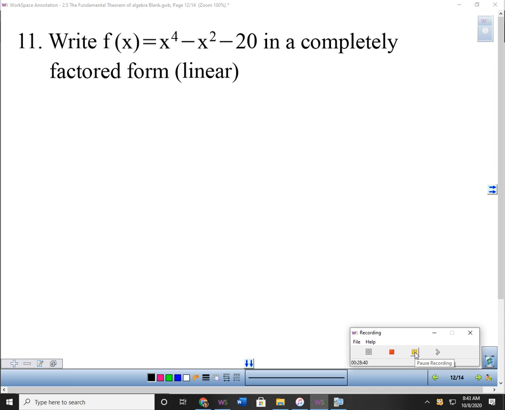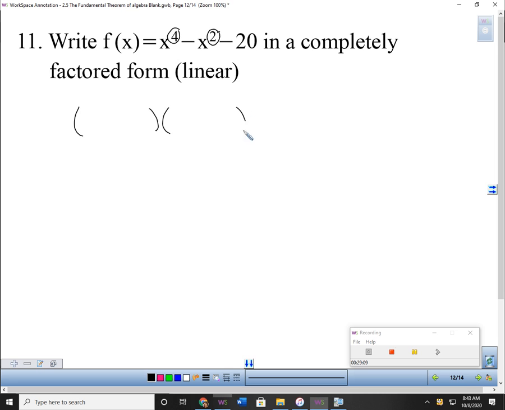Alright, so it says to write that function in a completely factored form. Now if you look at this, it's not x squared, but it is x to the fourth, and then your next term is half of that, so x to the second, and then no x. So I can actually factor that into two binomials.